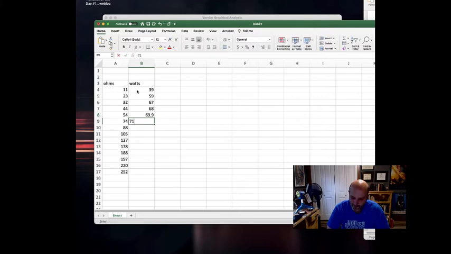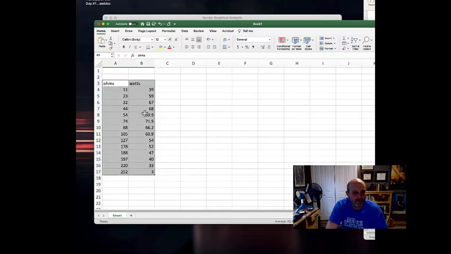Then we had 71.5, 66.2, 60.9, 54, 52, 47, 40, 33, and 3.